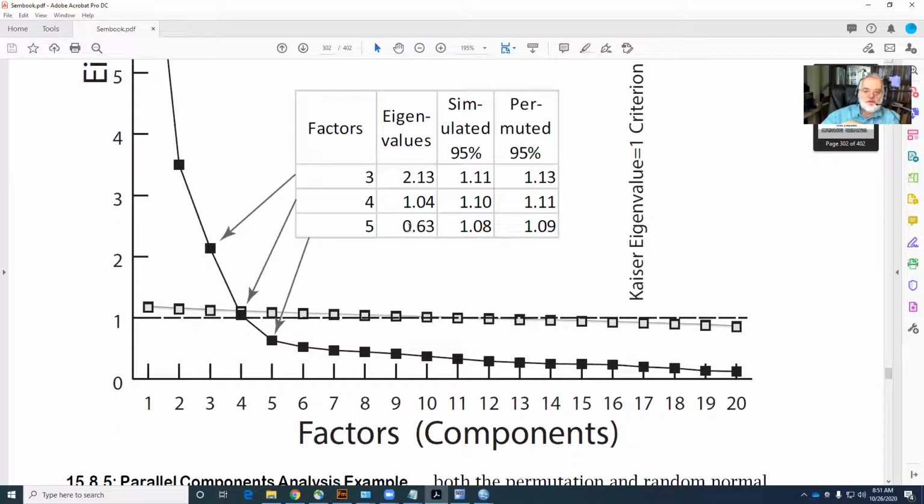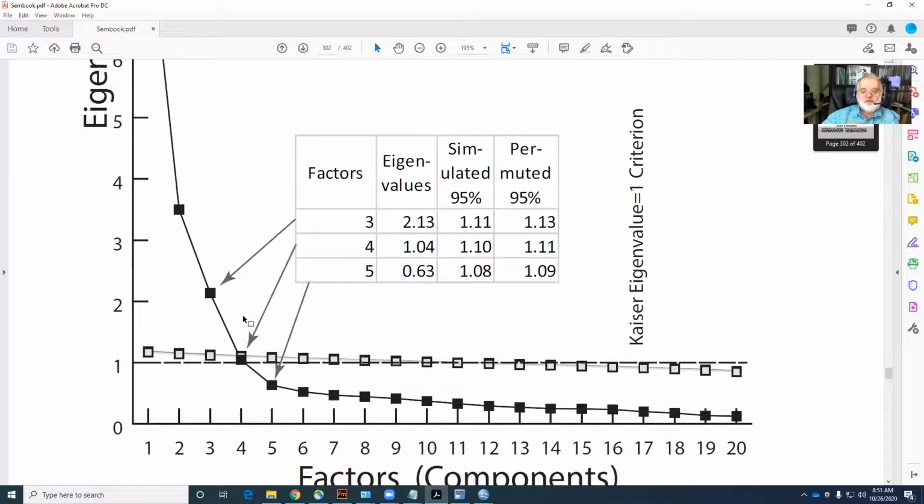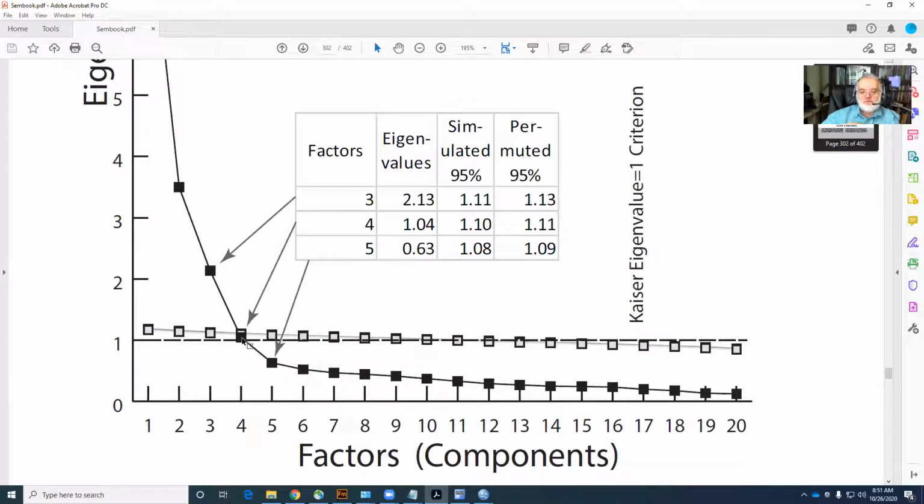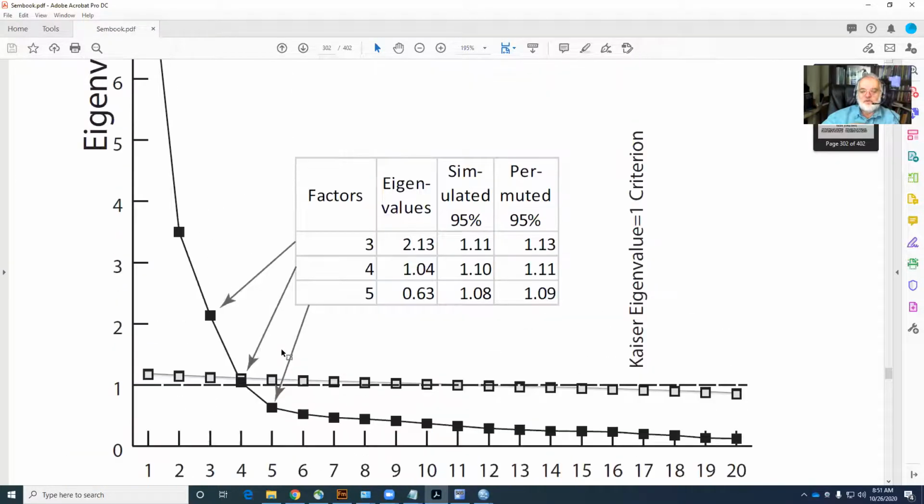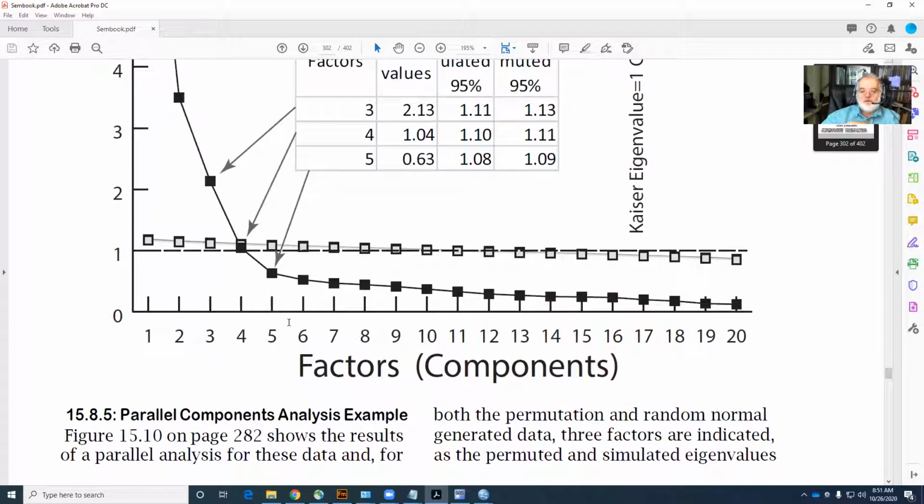In this case, this entire line of eigenvalues looks pretty similar regardless of my simulation strategy. But it's all more or less pointing to the maximum number of factors I'd want to extract, capitalizing on chance. And FA parallel and the other programs I have generate these for you.